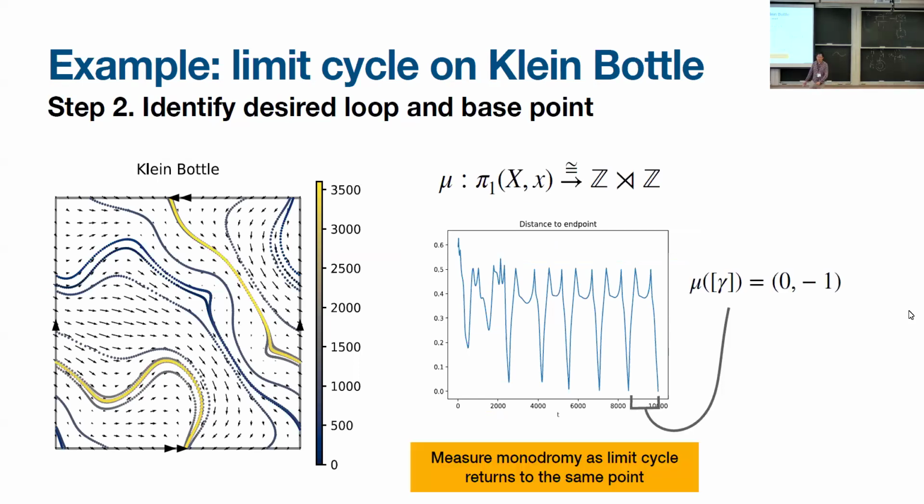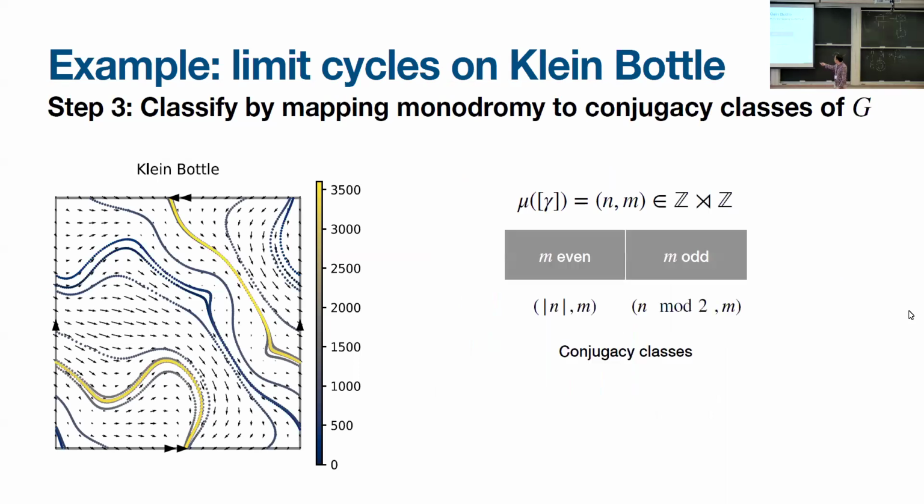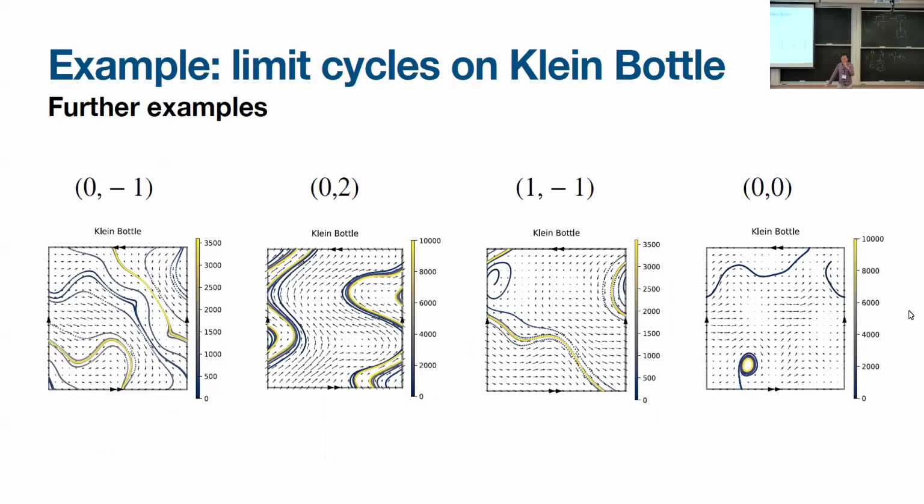So I take that chunk of my path and I compute the monodromy of that path. I'm going to skip this because it's just some algebraic bookkeeping, but we actually want to look at conjugacy classes of the fundamental group. But we can actually ID our limit cycle.